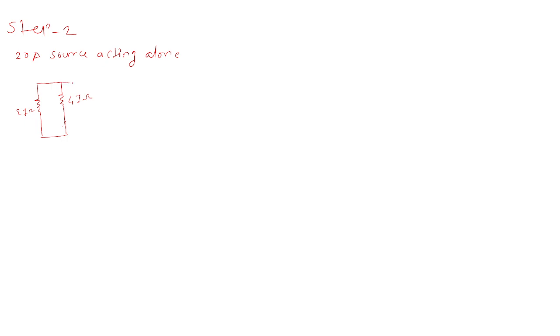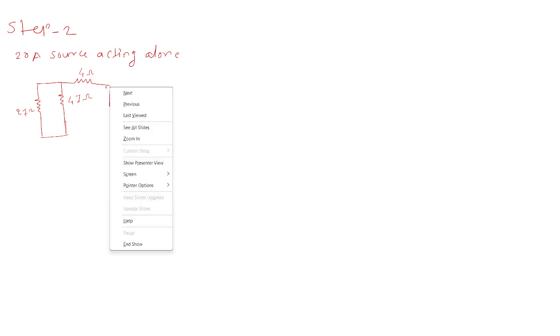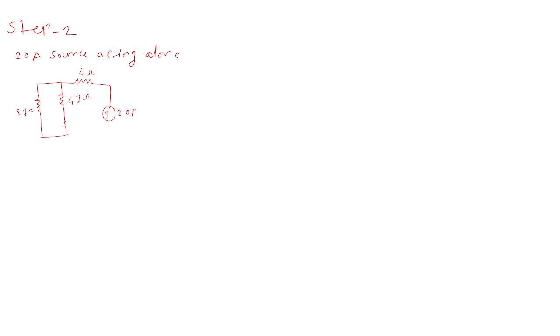Again, this is 4 ohm. This is 20 ampere source. इथे एक व्होल्टेज सोर्स होता तो आपण शॉर्ट सर्किट केलं. अगेन दिस इज 23 ओहम. आपल्याला काय करायचं, परत स्मॉल आय फाइंड करायचा आहे.